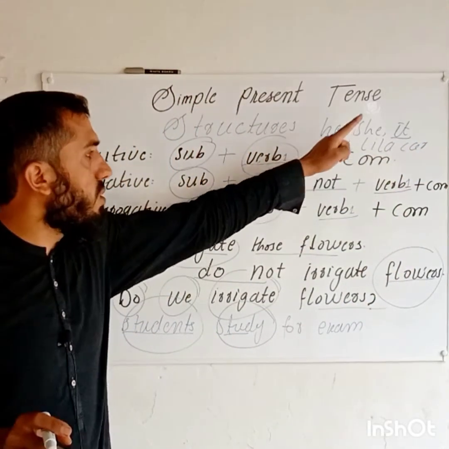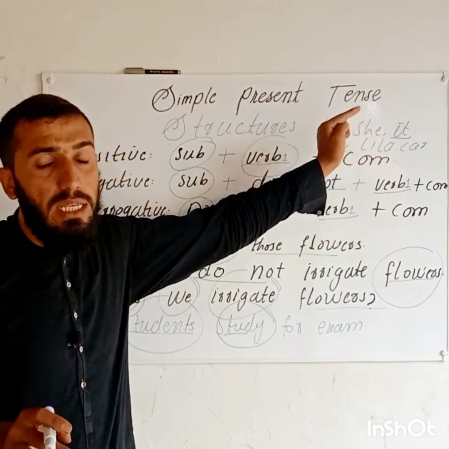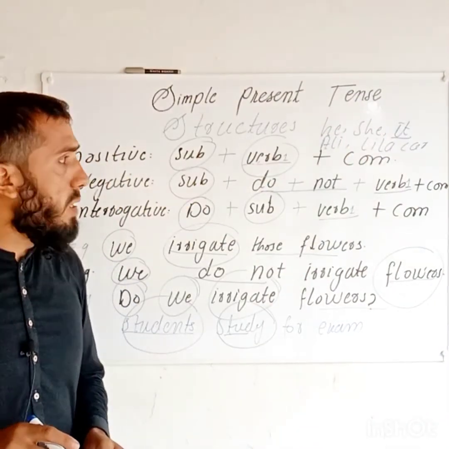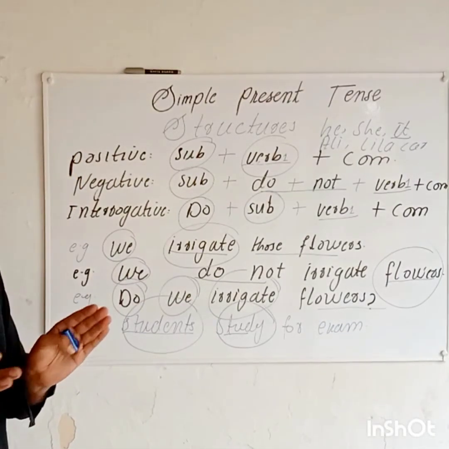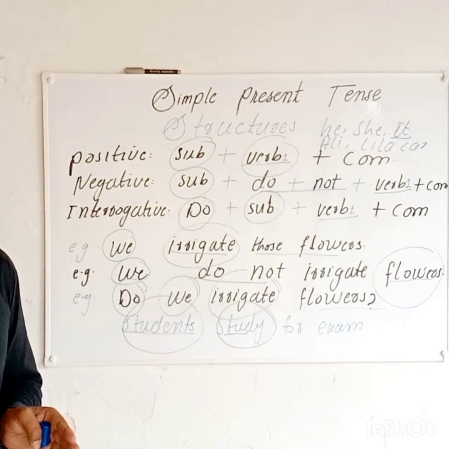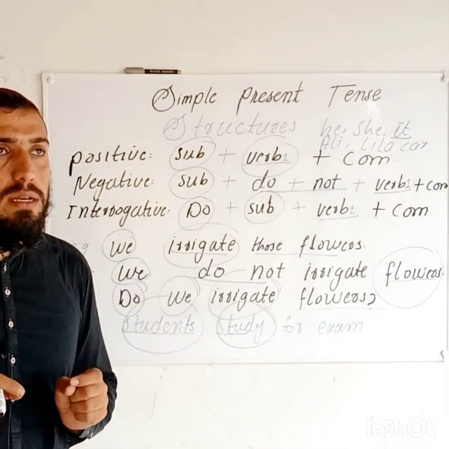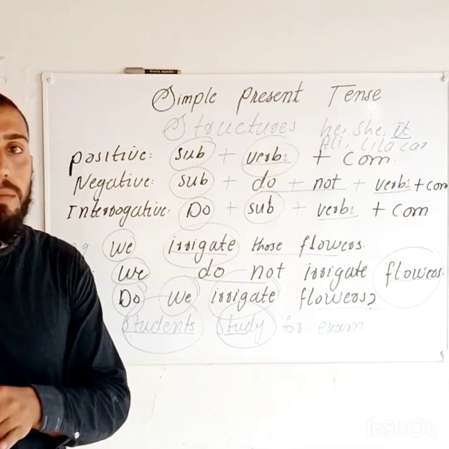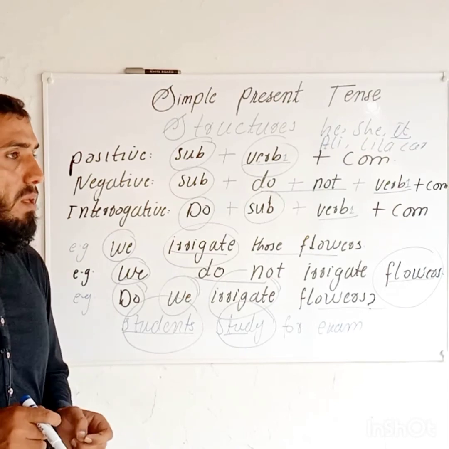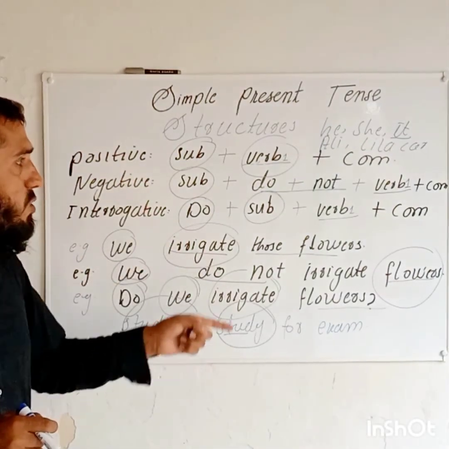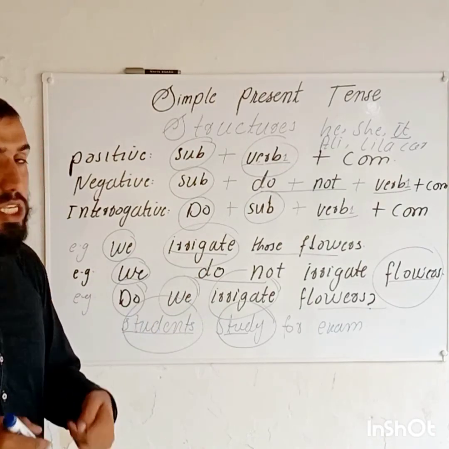If you have a singular subject, then you need to use S or ES with the main verb. Bear in mind. And for plural, you don't need to use S or ES with main verbs. Well, this is the major difference between singular subjects and plural subjects. Bear in mind, never ever try to forget while using simple present tense, you need to follow these structures, plural structures and singular structures.